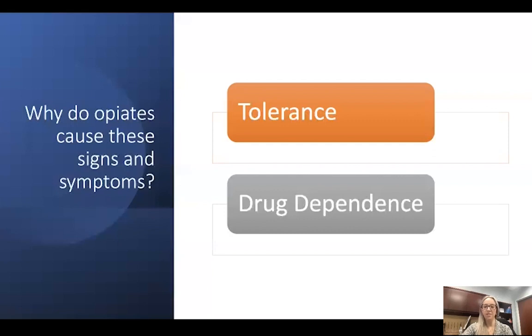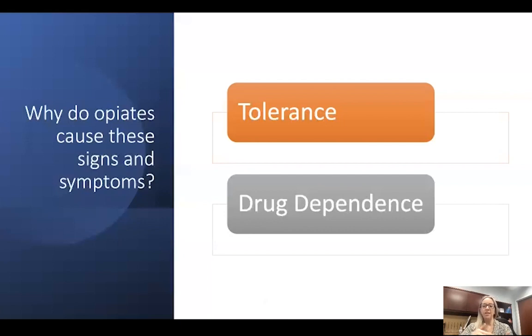And then there's another concept that we sort of need to know about: opioid tolerance and opioid-induced hyperalgesia. So these are problems that you get when people are under chronic pain management usually, or if they're chronic users of opioids for other reasons.